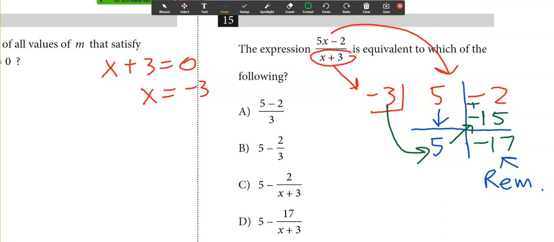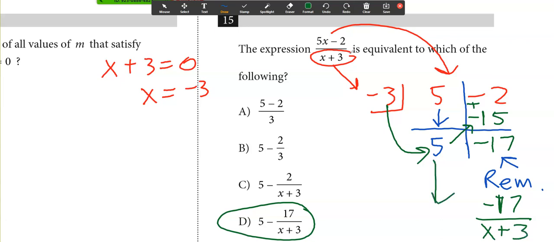Do any of the answer choices look right? D is the one that's correct. Now, if you got your remainder at negative 17, keep in mind that that is over what you divided by. And then, of course, after your remainder, you have your constant.